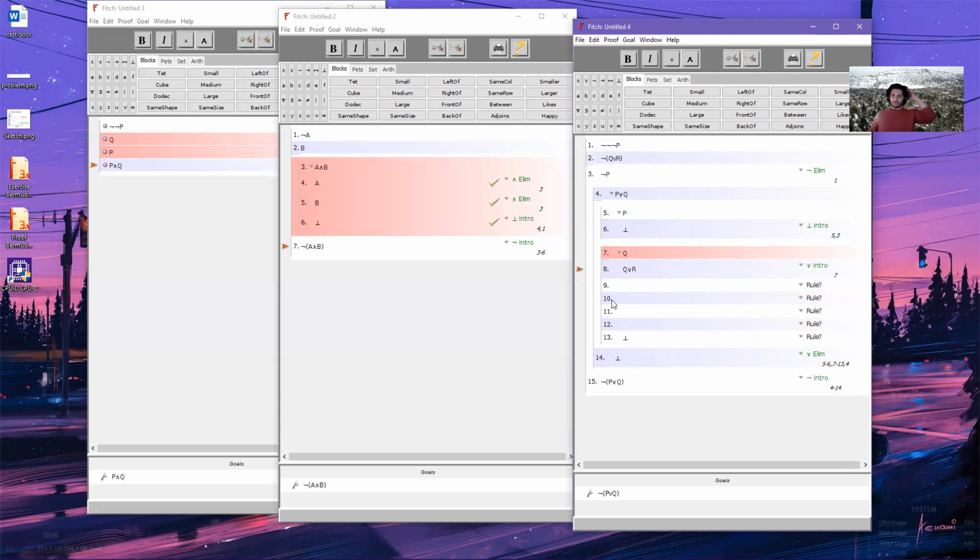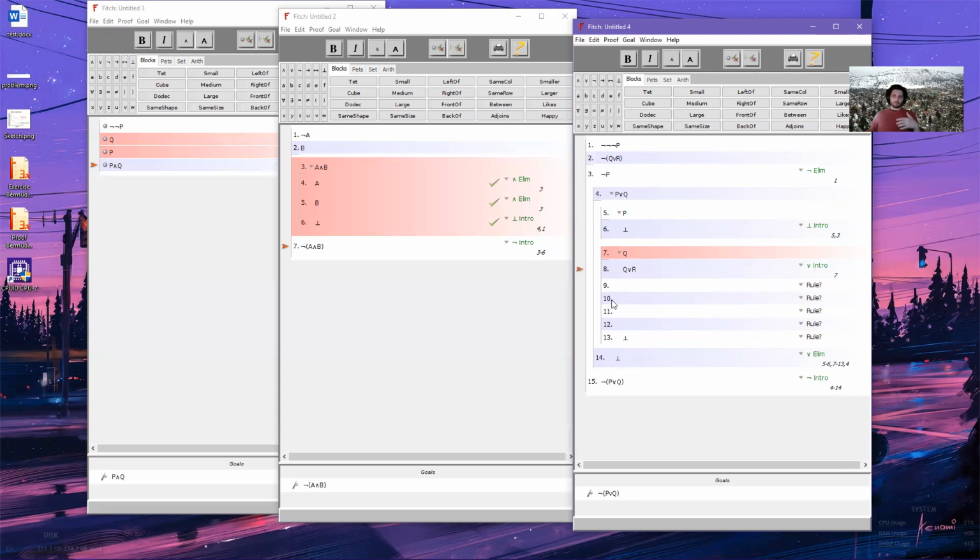All right, so on the one hand, this is probably confusing because I'm talking about a lot of rules at the same time. I'm doing a negation introduction first, and now I'm doing an or intro and doing random things at random times.